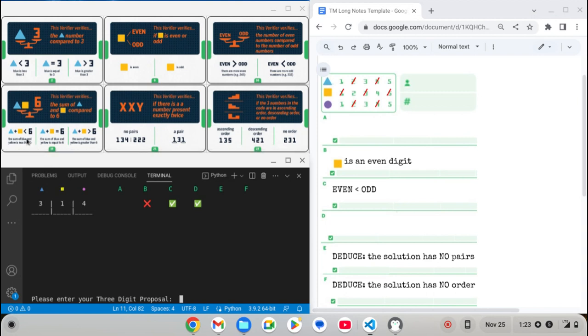And since 4 is less than 6, the Turing machine approves of that. So yeah, the sum of the first two digits should be less than 6. So let's go ahead and type that up in our notes. And we'll say that triangle plus square should be less than 6.